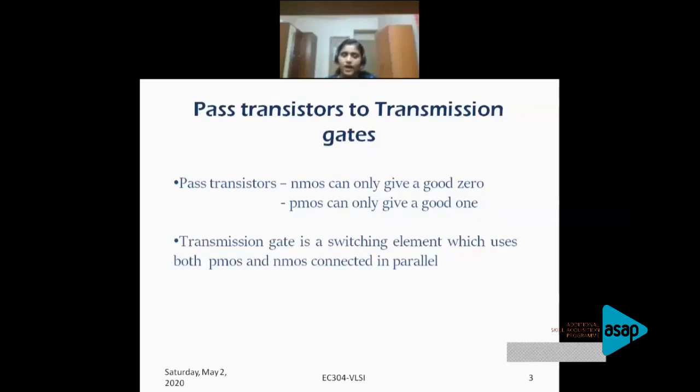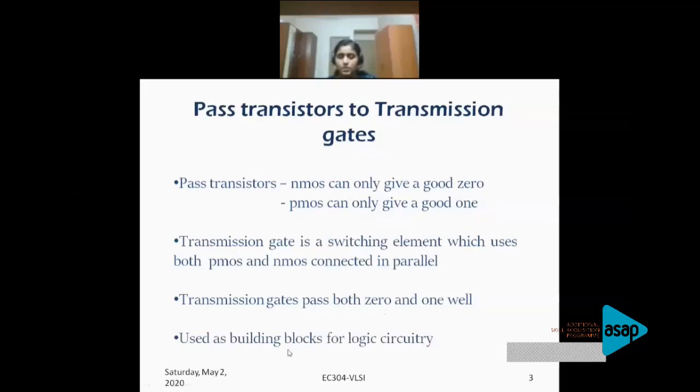There, you have NMOS and PMOS together, connected in parallel. Since you have both NMOS and PMOS in a single circuit, it combines the advantages of both. Thereby a transmission gate can pass both 0 and 1 very well, so it can be used as a building block for logic circuitry.